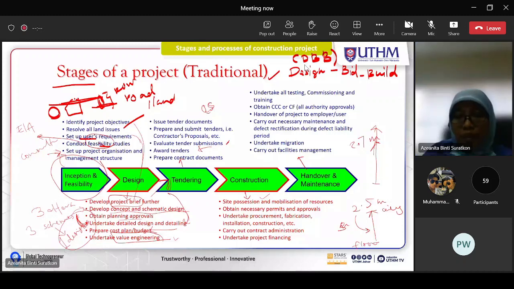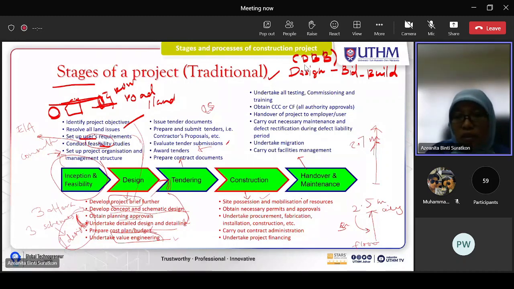And the contractor needs to obtain certain permits and approvals regarding the construction work, from the local authority or whatever. And then undertake procurement, meaning the contractor needs to order certain materials, and maybe order certain services that he needs for the construction work.